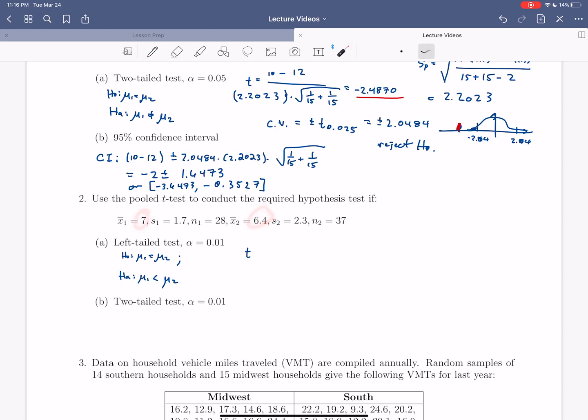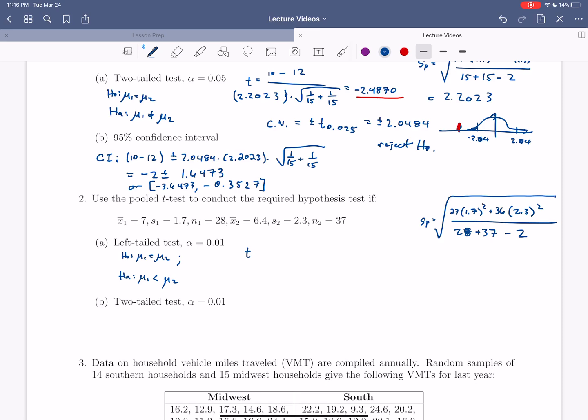So that's going to be 7 minus 6.4 divided by the pooled standard deviation. The pooled standard deviation is going to be, I think it's just instructive to walk through it, n1 minus 1, so it's 27, times s1 squared, that's 1.7 squared, plus n2 minus 1, so that's 36, times s2 squared, so it's 2.3 squared, all over 27 plus 36, or 28 plus 37 minus 2, however you want to think about it is fine.